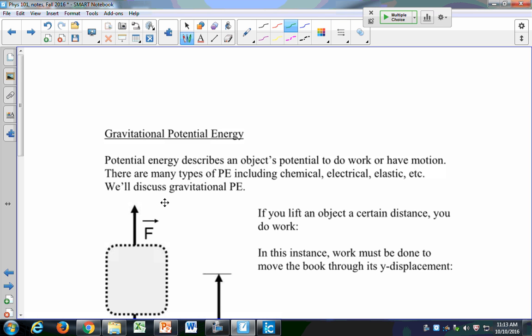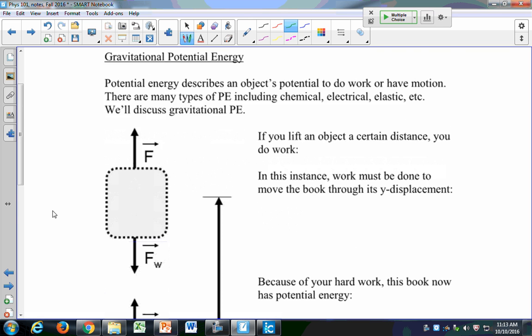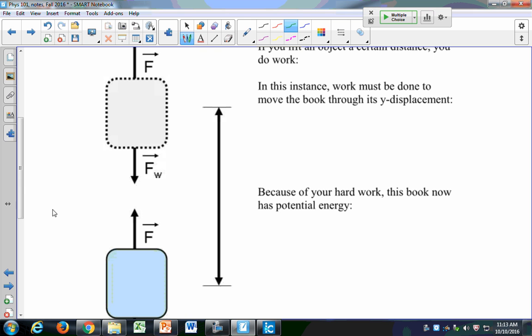Okay? All right. Let's look at gravitational potential energy. This is similar to what we've been doing. I think I've actually worked through this already, but we'll do it again now. So if I have this object that I move through a certain distance, let's say that I move it through a height h.